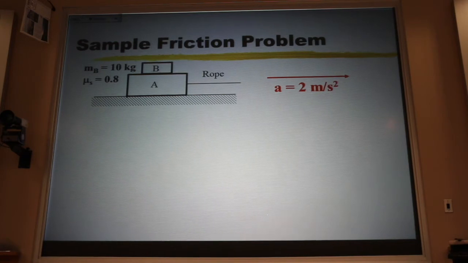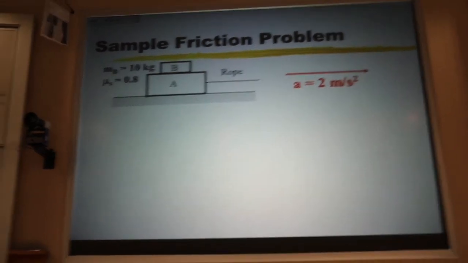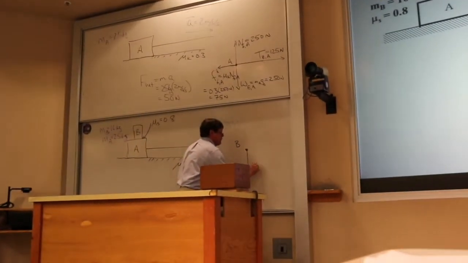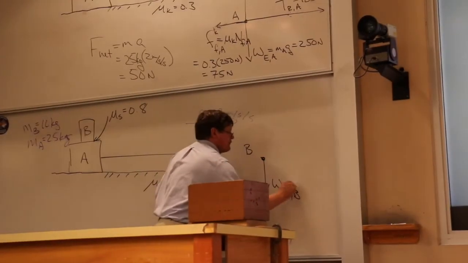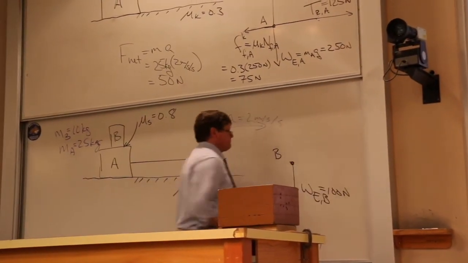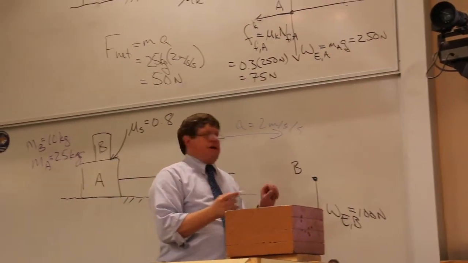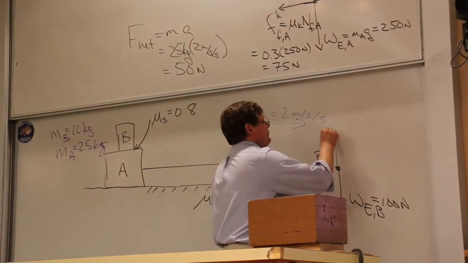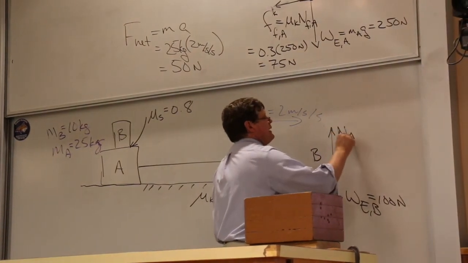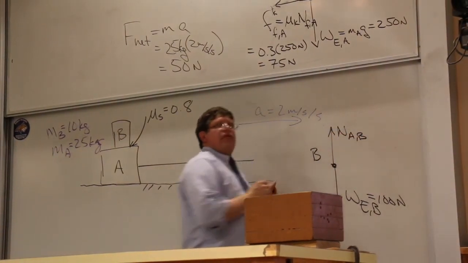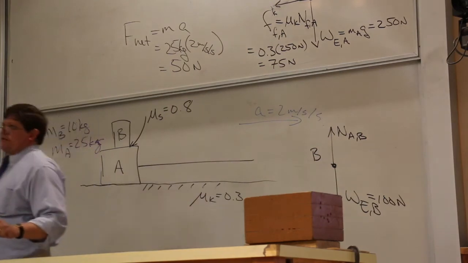Okay, that should be plenty of time. It's not that complicated. I have a weight force down that's going to be 100 newtons. The only thing touching B is A, and it pushes. Whenever one thing pushes on another, there will always be a normal force. There may also be a friction force.